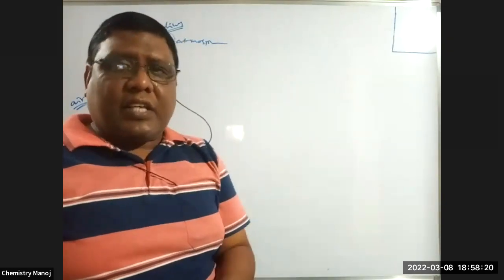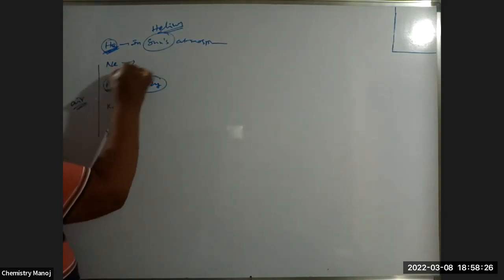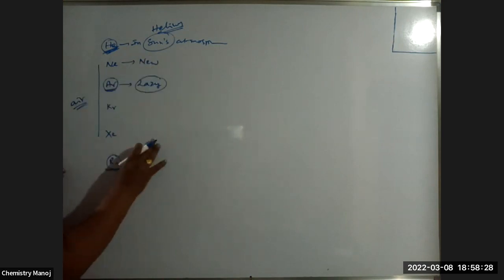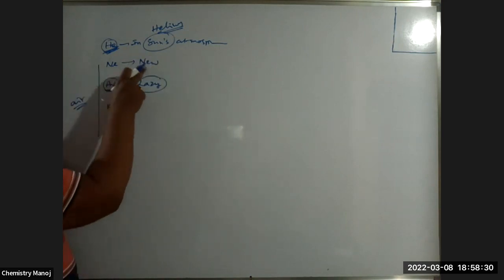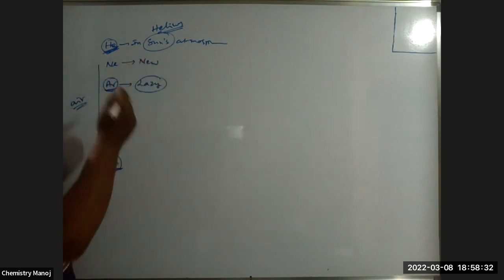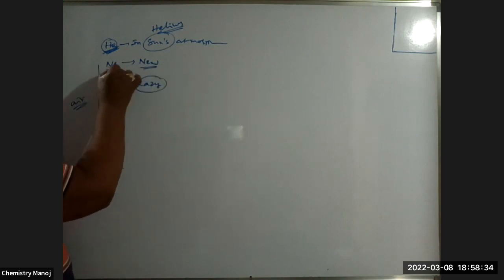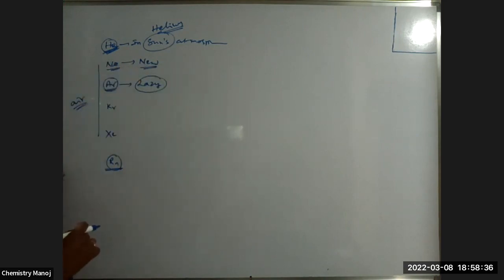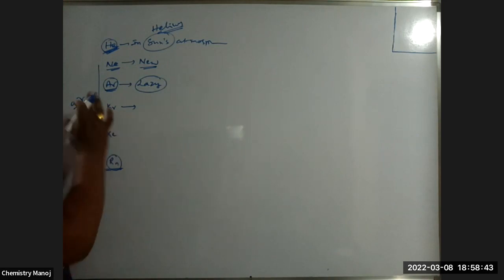So two more elements were hidden behind argon, and from argon a new element came out. That new element is neon, which means new. After that, another element was identified that was hidden behind argon.